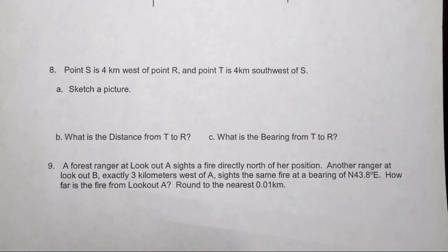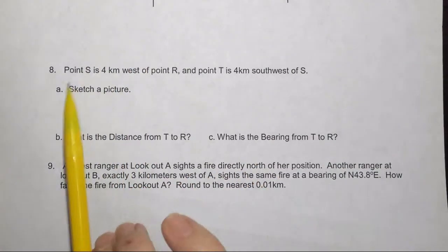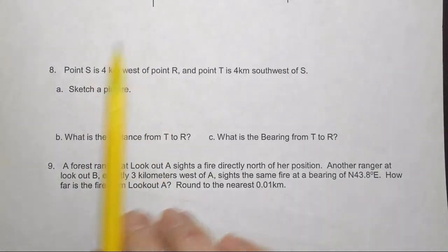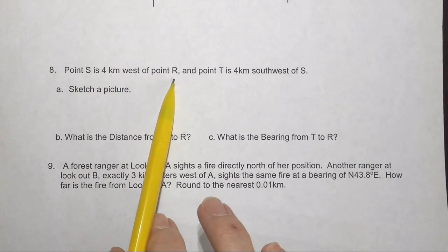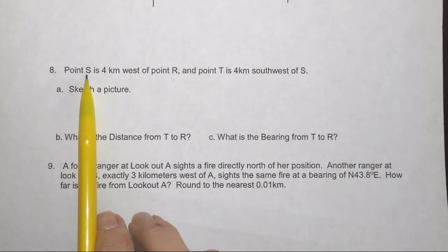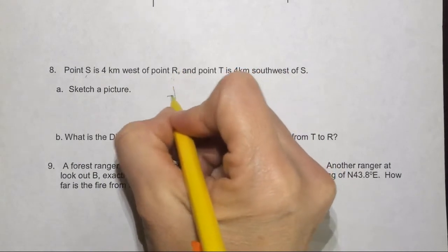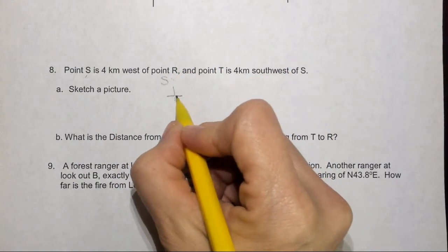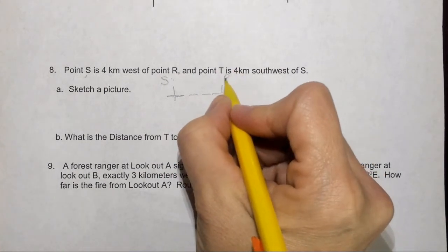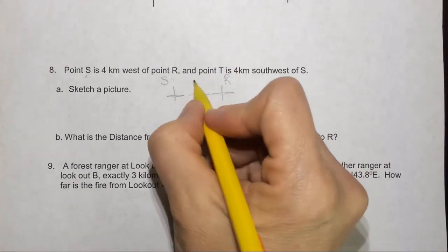Okay, let's go look at number 8. Number 8, point S is 4 kilometers west of R. If S is west of R, that means this is going to be to the left. So I know that S is to the left of R. So here's R. And I know that it's actually 4 kilometers.